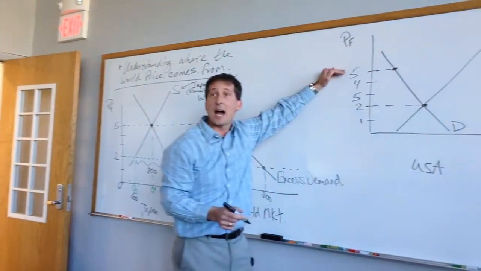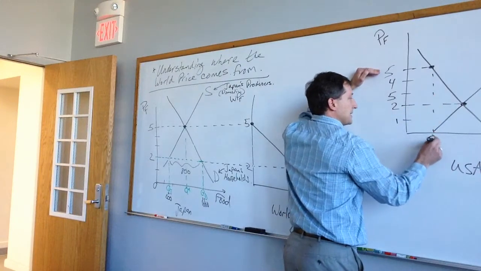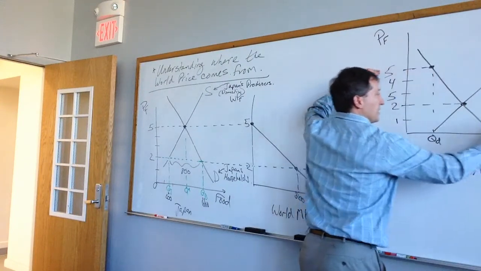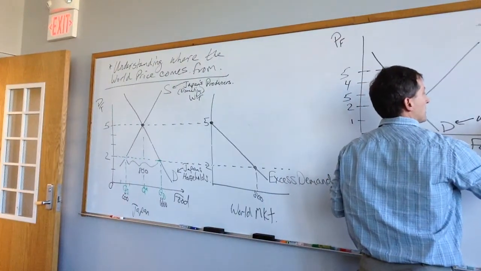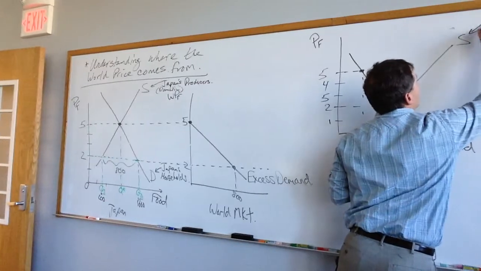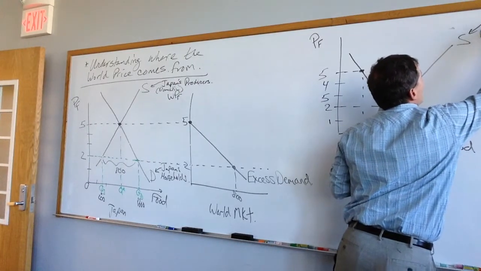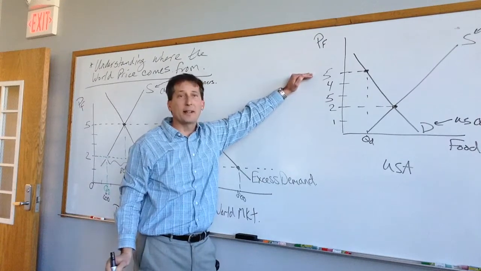At a price of 5, arbitrarily speaking here, the quantity demanded by U.S. consumers, remember this is U.S. consumers, they're going to be buying less food.